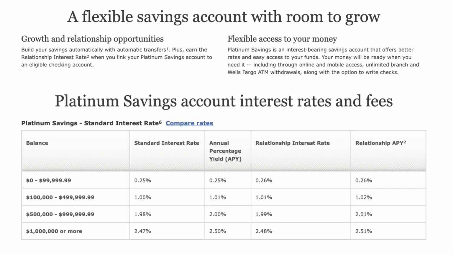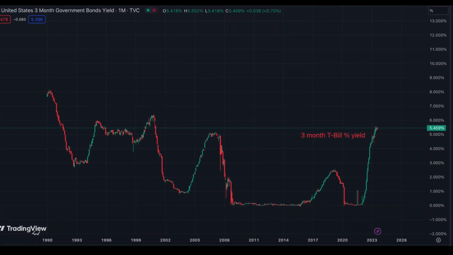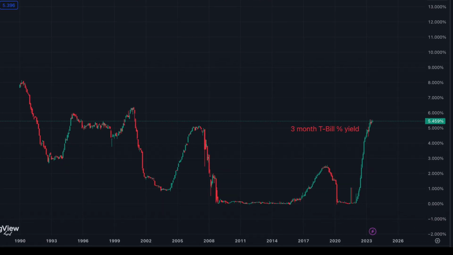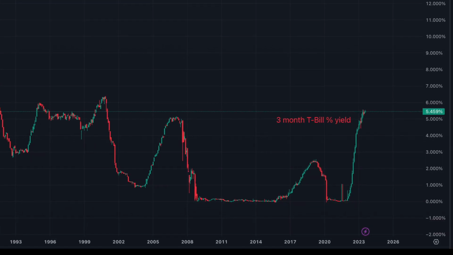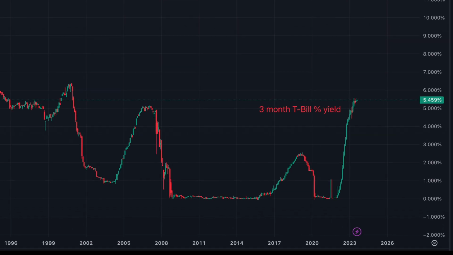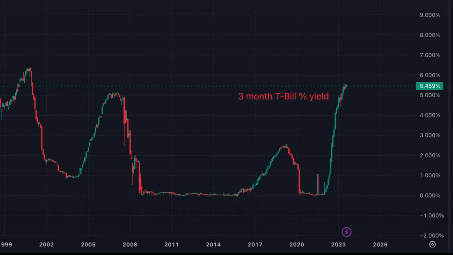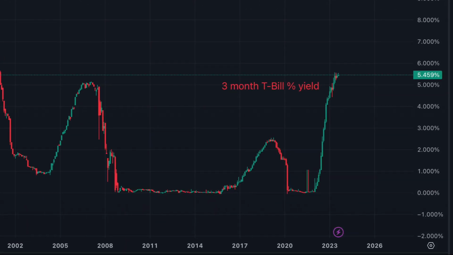That's because they're sitting on all of these assets that are paying 2 to 3% interest in an environment where a 3-month T-bill is paying 5.5%. So you better believe that deposits are going to continue to flow away from the banks into money market accounts, into T-bills, and lending is going to continue to tighten.